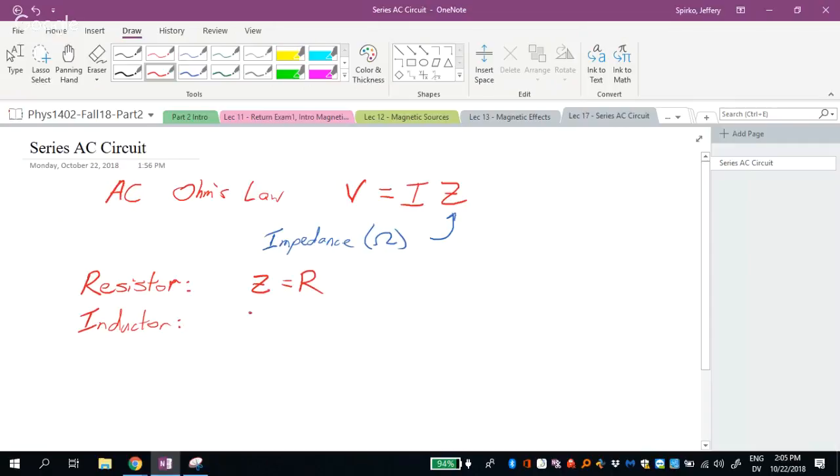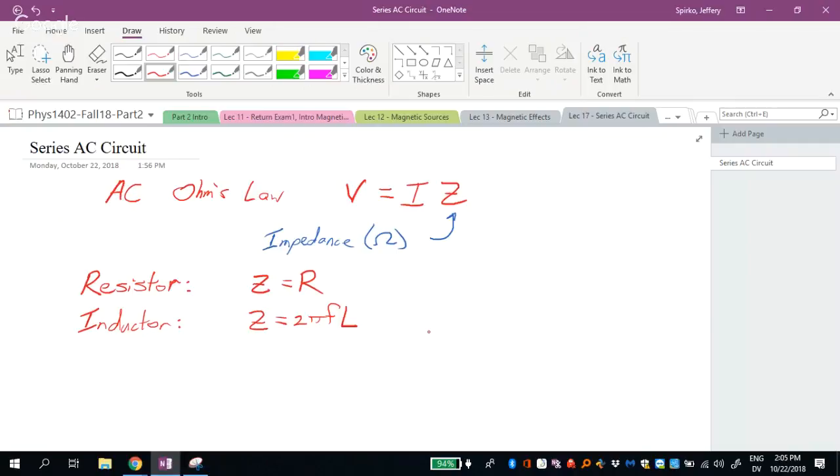And for the inductor, Z is equal to 2 pi F L. The thing that an inductor has that's pretty constant is the L value, the inductance itself, measured in henries. Depending on the frequency, the inductor will interact with an AC signal in different ways.